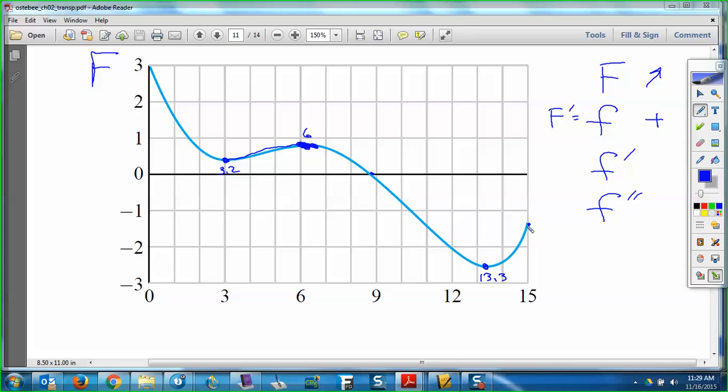Okay, number 14. How many roots does little f have? So when is little f 0? Which are those 3 points right there. Little f would have roots, meaning little f would be 0 at those stationary points, okay?